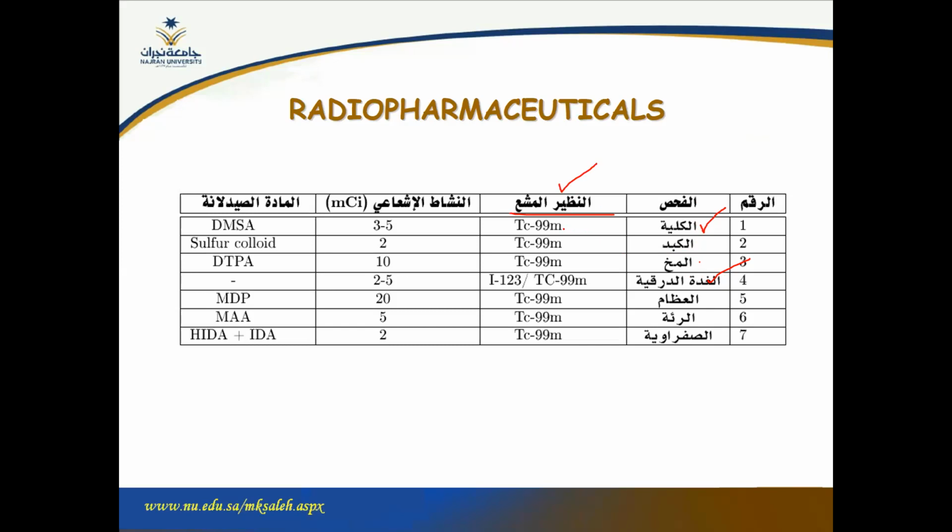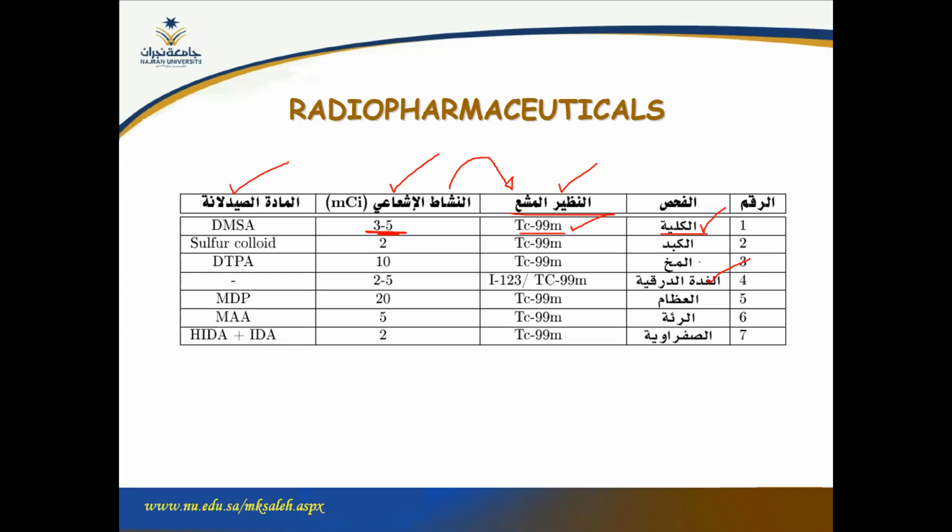You can see that most of these examinations are performed with technetium-99. And in this column, you can see the activity of these isotopes. So during the preparation, we prepare 3 up to 5 of activity of technetium-99 for the examination of the kidney.